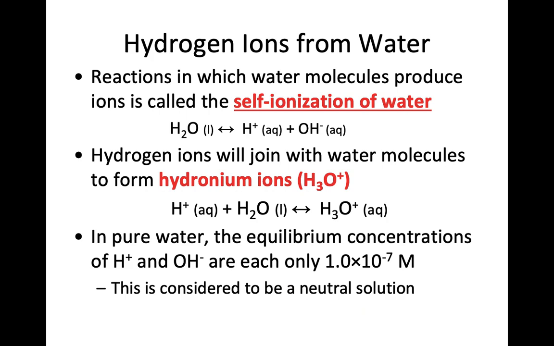Okay, so lots of words. So what happens with water is that water separates, called self-ionization, and here it is, the H2O separates into H plus and OH minus. And of course, this H plus can join up with another water molecule to make something called a hydronium ion, H3O+.